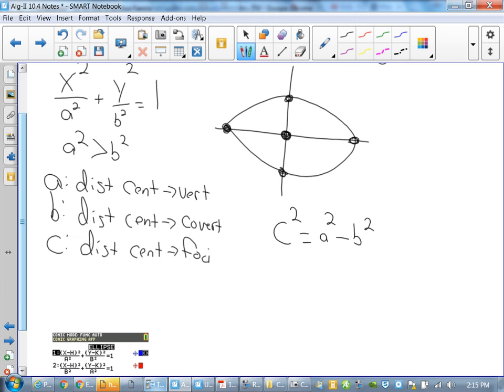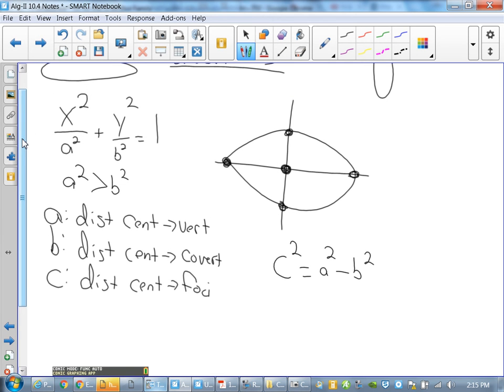Okay. So real easy, just by looking at A, B, and C for something like this, I know that my center is going to be at 0, 0, and it's going to be like that for everything we do today. My vertices are this distance from center to vertex.